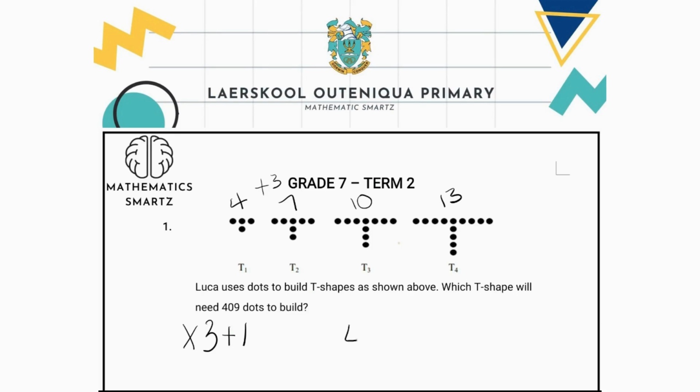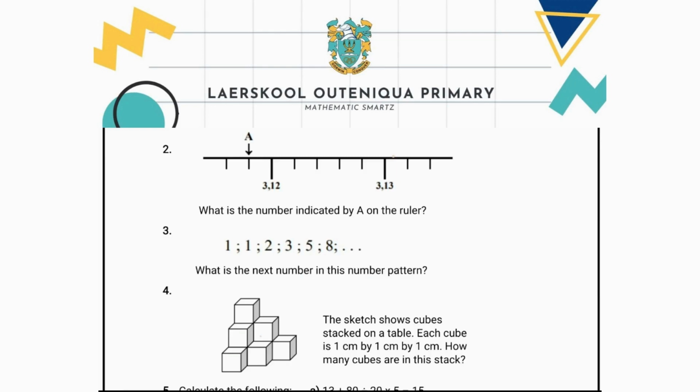Therefore, (409 minus 1) divided by 3. 409 minus 1 equals 408, and 408 divided by 3 will give me 136. Therefore, T-shape T136 will need 409 dots to build. Let's move on to question 2.